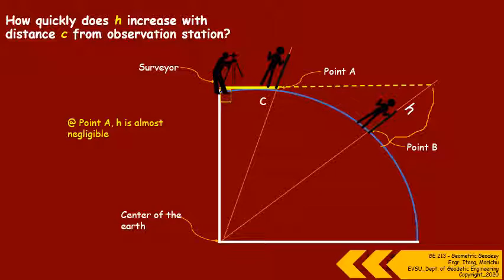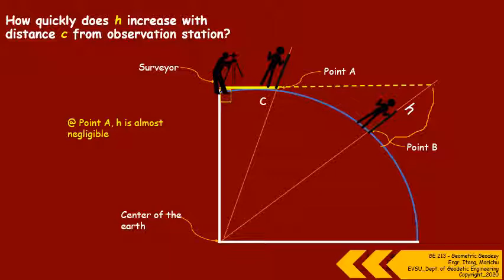At point A, h is almost negligible. But what if the point to be observed is very far from the observer? We can no longer neglect it because it will cause a considerable error, so we need to take it into account and reduce it.